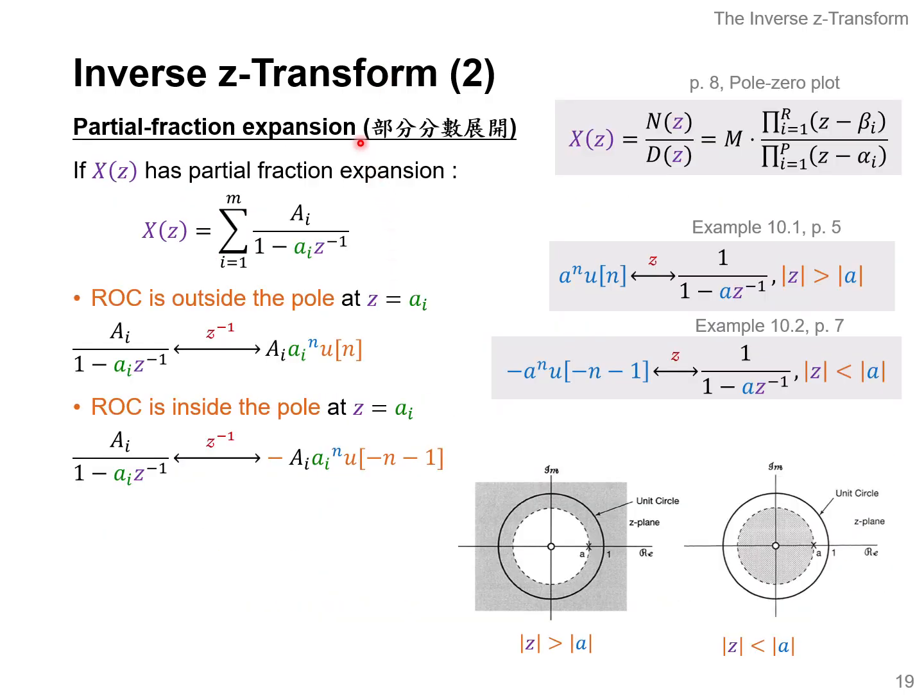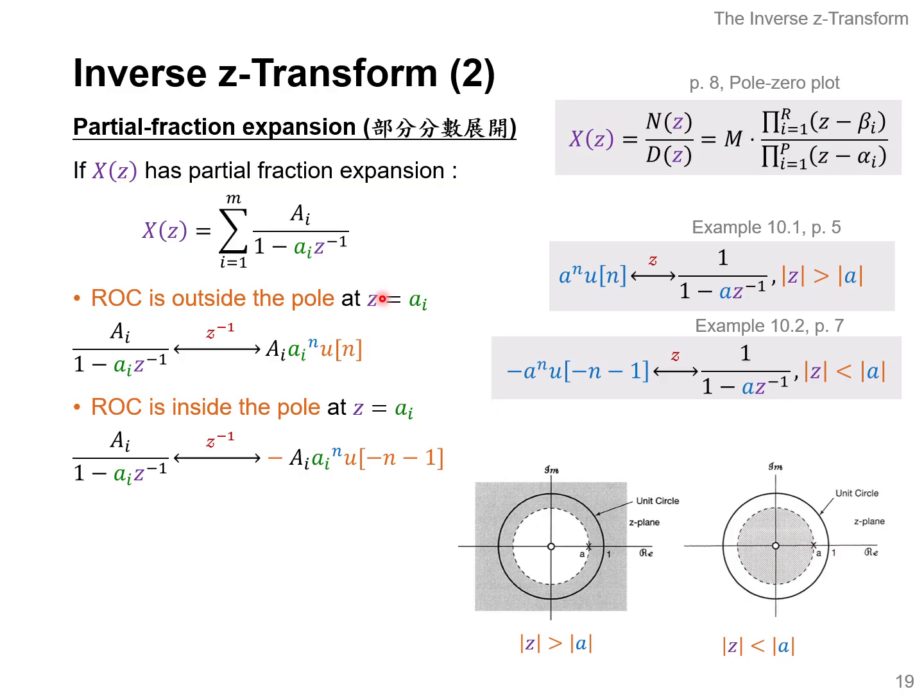Next, we learn how to find the inverse Z transform using partial fraction expansion. This method helps us break the Z transform into small and simple pieces that are easy to invert.